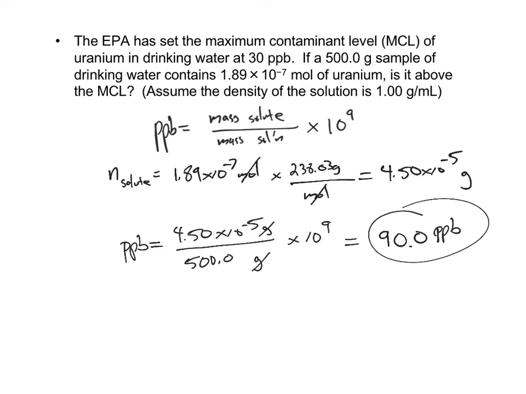So the answer to the question is, does it exceed the maximum contaminant level? The maximum contaminant level is 30 parts per billion. We've got 90 parts per billion, so yes, this does exceed the maximum contaminant level of uranium in drinking water.